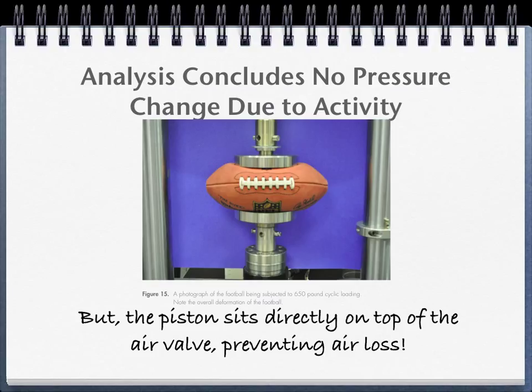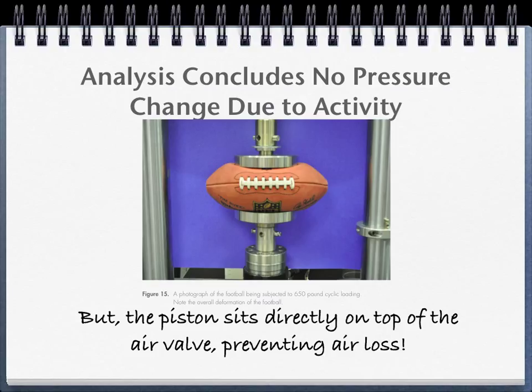I'd like to talk about, there was about half a page of analysis as to whether the pressure of the football could change due to activity. And this is a picture that was taken from the report. So the piston exerts 650 pounds of force. It is exerted once a second, 4,000 times.